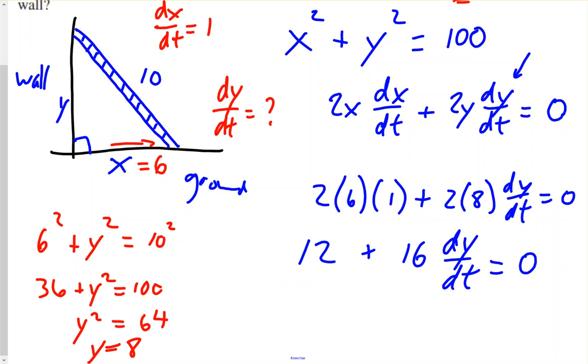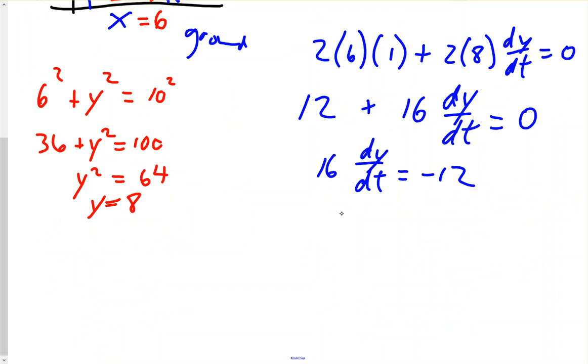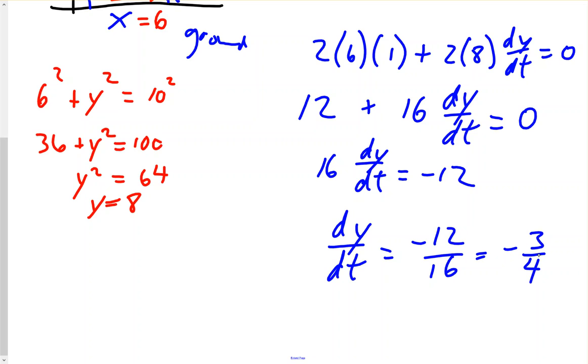Okay, and then we're going to subtract 12, so we have 16 dy/dt equals negative 12. Divide by 16, dy/dt equals negative 12 over 16. Reduce. So that gives us negative 3/4.